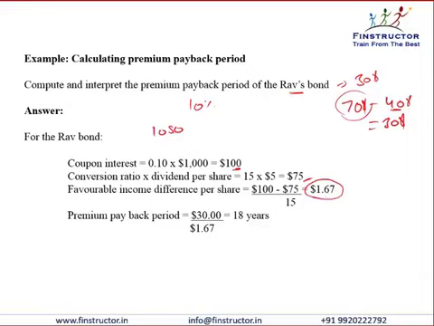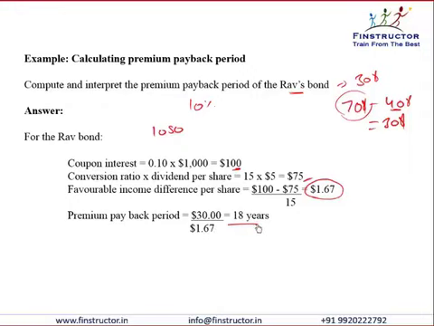So if I assume that I will not convert the bond, and this $30 extra that I am paying for purchasing the equity by bond rather than by buying the equity directly, I will recoup only from the additional coupon that I am receiving, because the coupon is higher than the dividend yield to the extent of $1.67 per share. Then for me to recoup this premium by just the favorable income will take me 18 years, or 30 upon 1.67, that is 18 years.